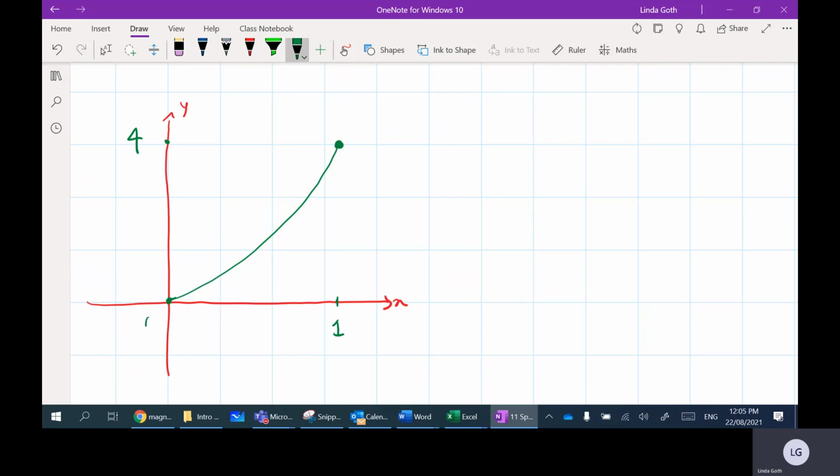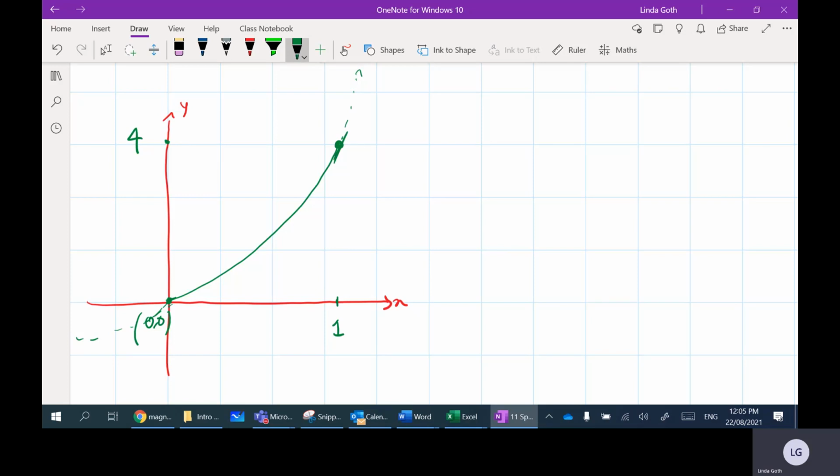Okay, so this is 0, 0, and ultimately there's the rest of the parabola that goes down to there, comes up somewhere else, but I'm just interested in this part of the parabola, and I want to find the tangent here.